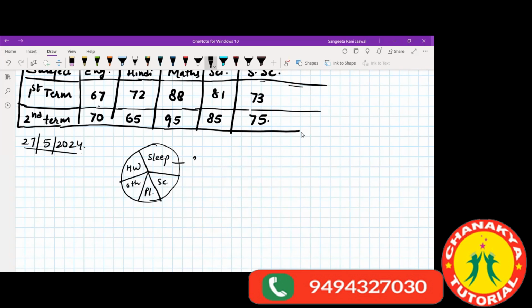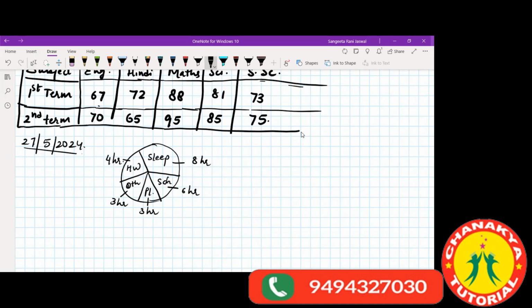So this was given to us as 8 hours. School hours is given as 6 hours. Playing hours are given as 3 hours. Other work is given as 3 hours. And homework is given as 4 hours. Right?